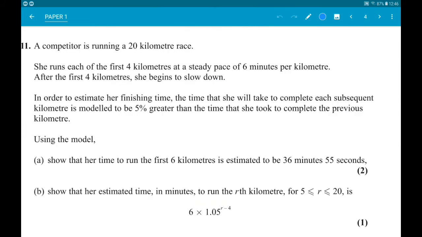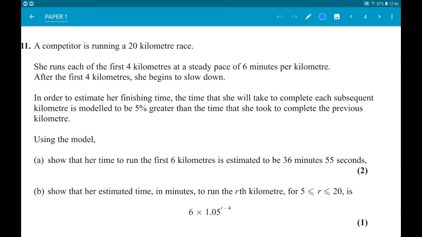Part B, show that the estimated time to run the rth kilometre for r from 5 to 20 is 6 times 1.05 to the r minus 4.